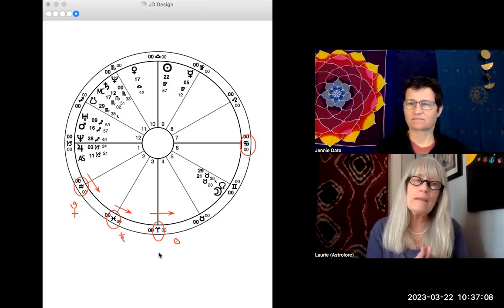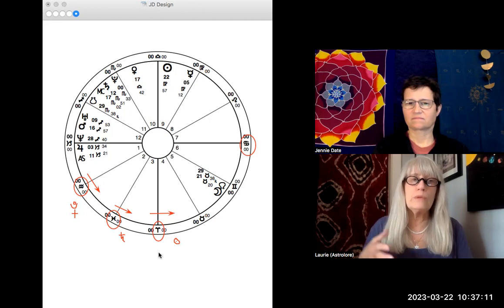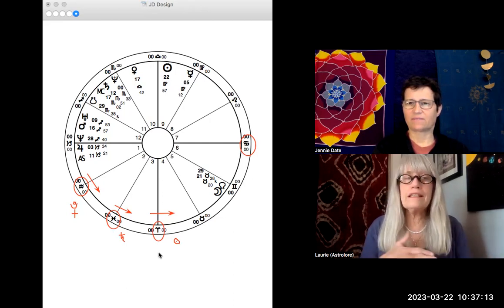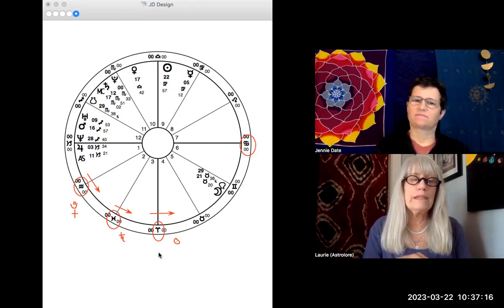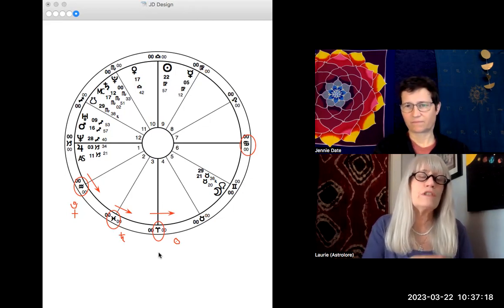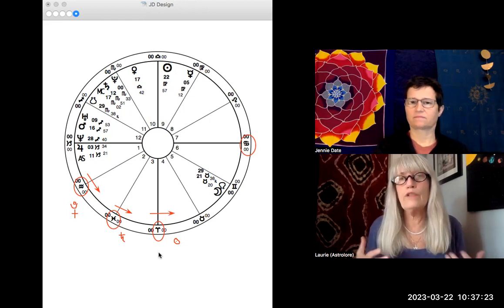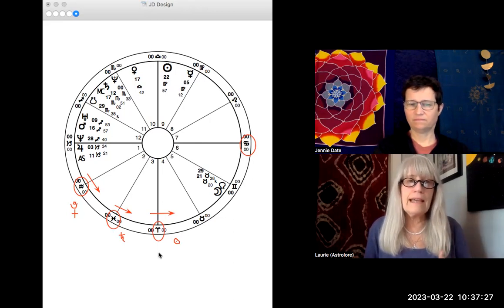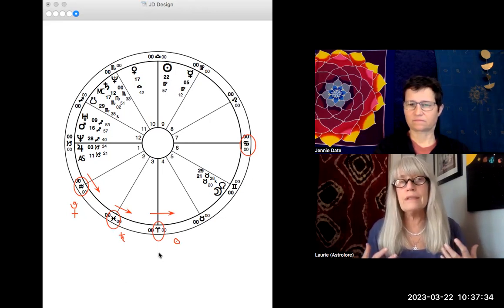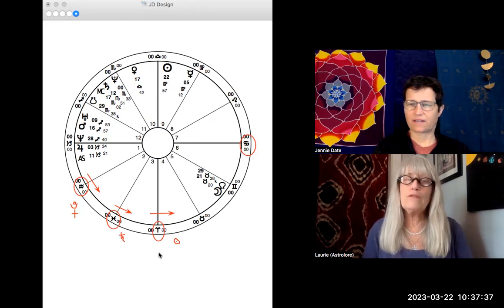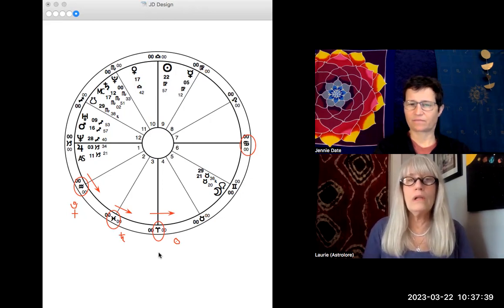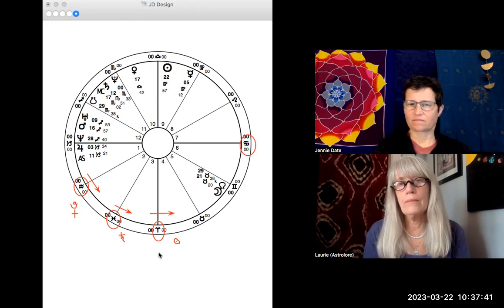But at the same time, Pluto's job is to empower. The destruction part of Pluto is simply to destroy what is in the way of that necessary transformation in order to empower. So Pluto moving into the 2nd house, there's going to be a shift around money, resources, or self-worth that is for the ultimate goal of empowering that area.